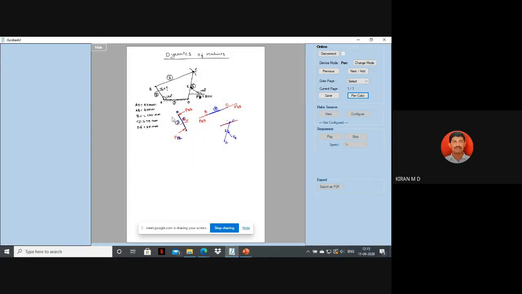Similarly here also you will get a force parallel to link 3. So maybe this direction, from here to here or here to here, just you can write. We don't know the direction, just simply I wrote that. But according to this one, it should be undergone like this. This force is from the link 3 on link 4.